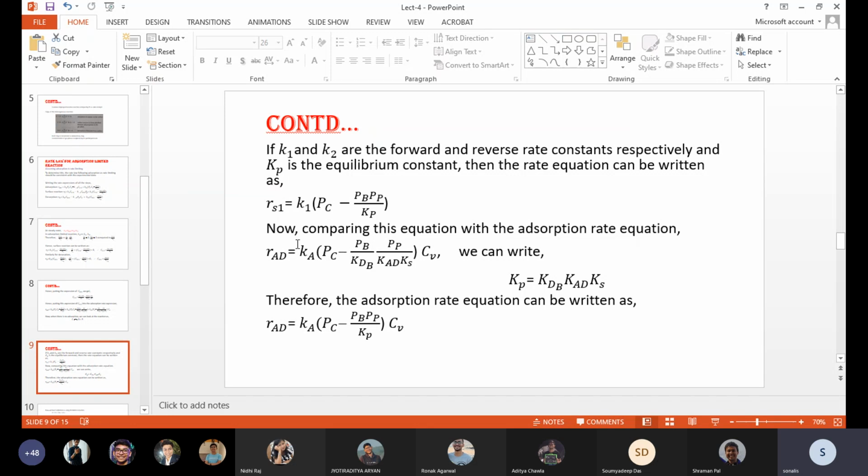All are equal. This is the rate of the reaction, this is the rate of adsorption, and quantities are similar.